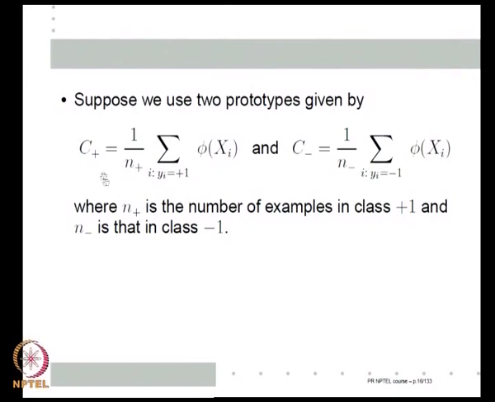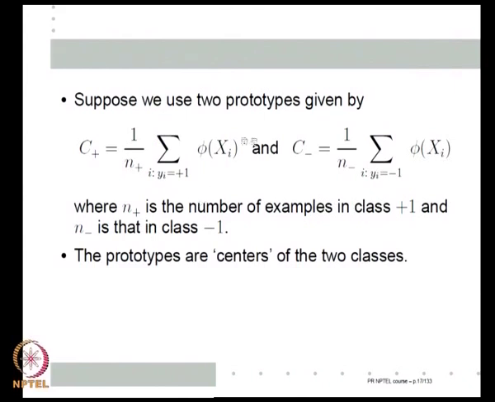So, this is nothing but the average of all the patterns of class 1, not in the original space, but in the range space of phi, because I have mapped the original feature vectors using phi to some other space. In that space, C plus is the center of all the class +1 examples. Similarly, C minus is the center of all the class -1 examples. So, these are the 2 centers of the 2 classes. So, we use them as the prototypes.